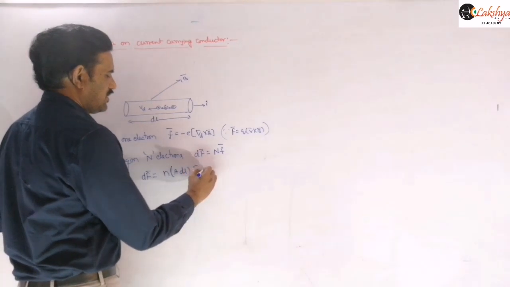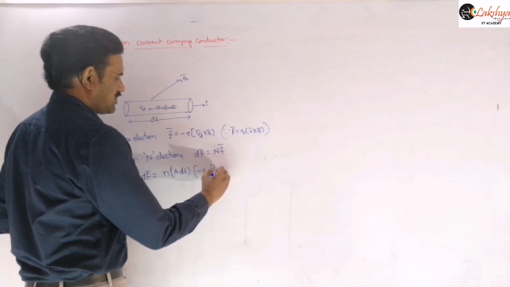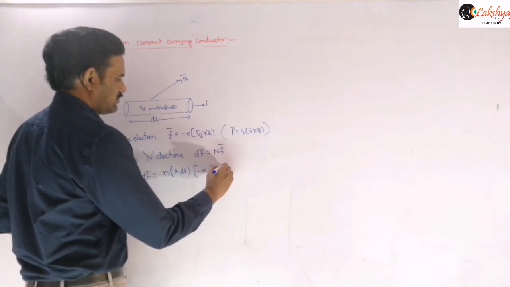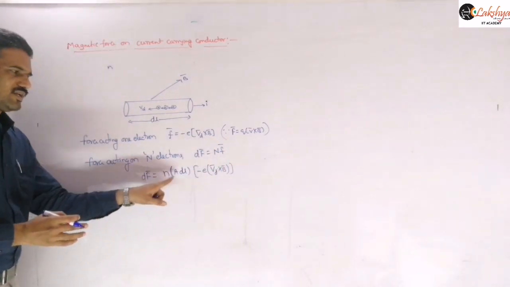So into minus e into v bar, that means Vd bar cross B bar we need to write. So this is our df value. Is it clear how we are writing this n value?